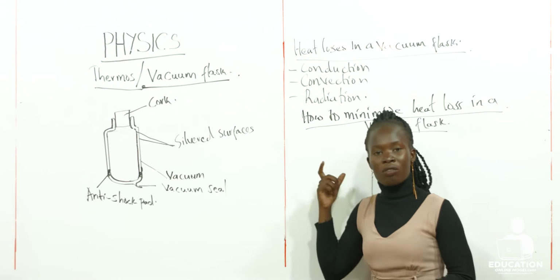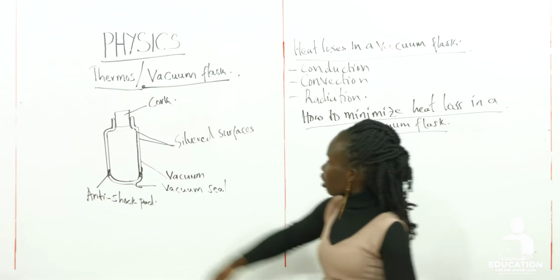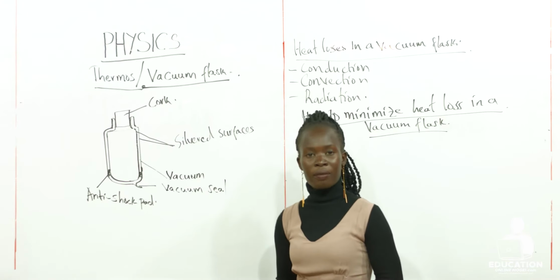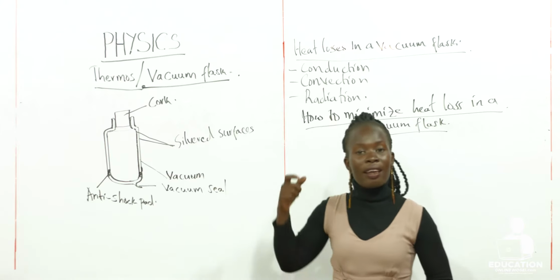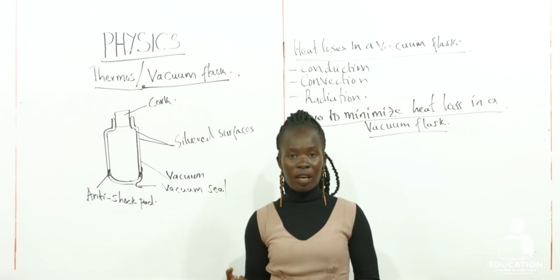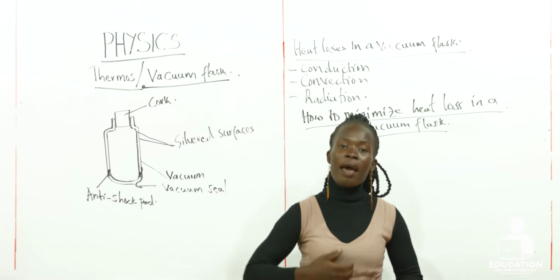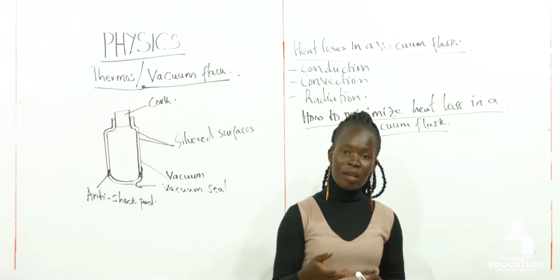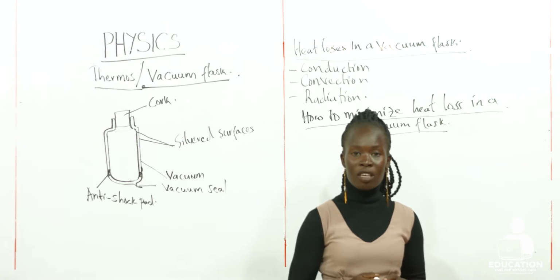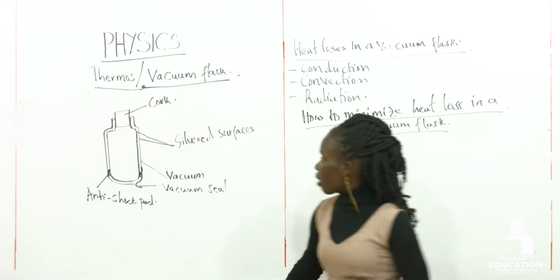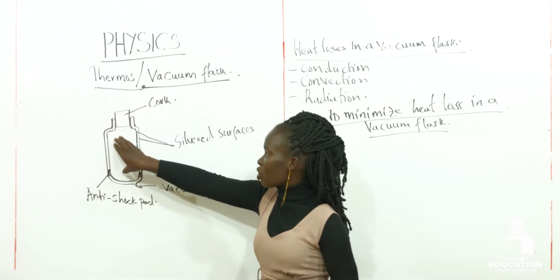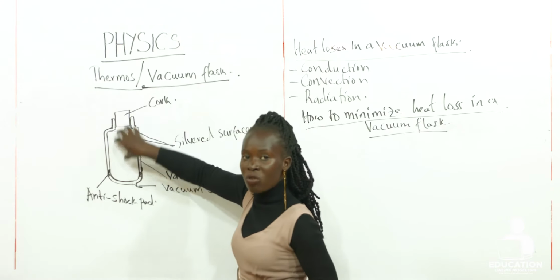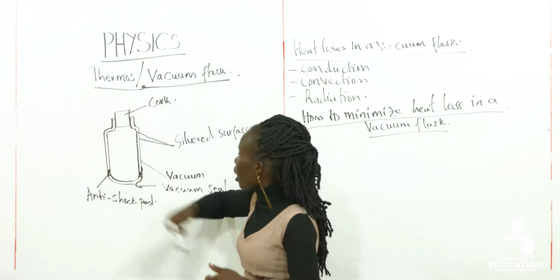How can this heat transfer be minimized there? If you look at our flask, it has what is known as the cork. Because conduction and convection forms of heat transfer need a material medium. If there is no material medium, there will be no heat transfer. But here we already have the material, the liquid is there. So if we want it not to release this heat to the surrounding, we have the cork.